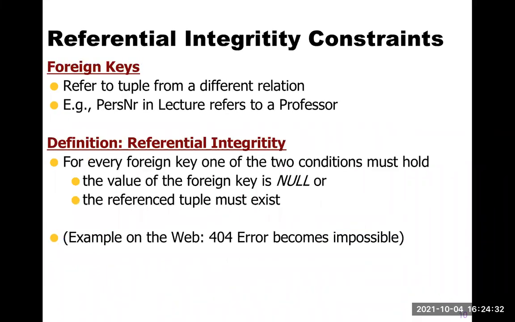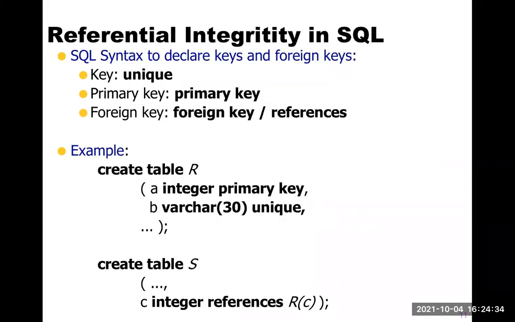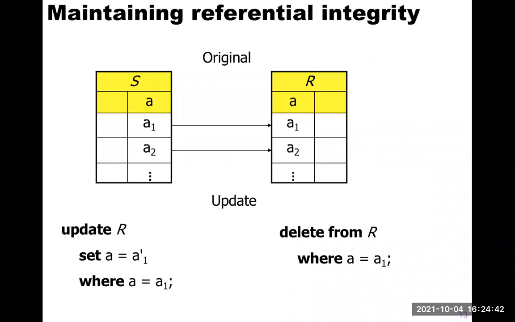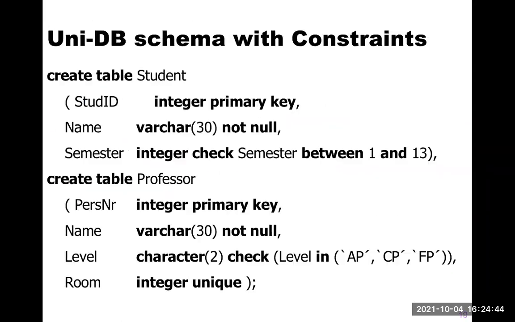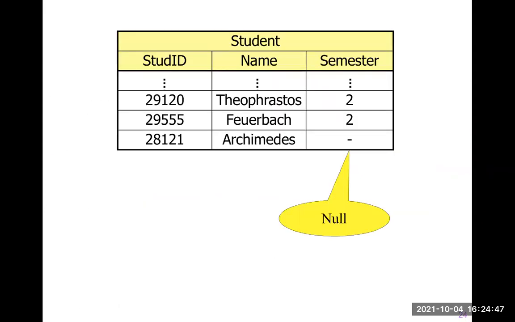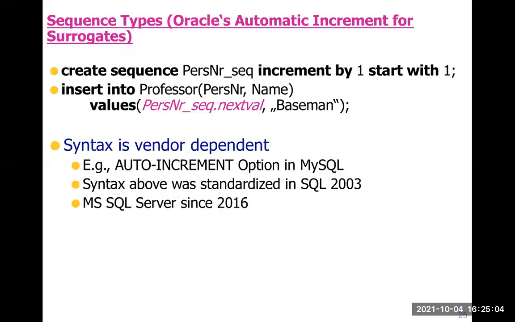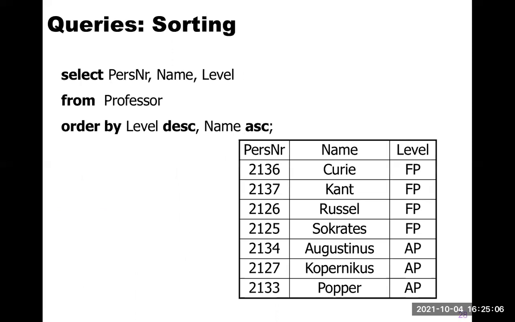Besides different integrity constraints like primary keys, unique keys, referential integrity, cascading, and so on, last time we've seen inserts, updates, and deletes, in the simple or not so simple literal form, and using select results to insert into another table. And we come to queries.